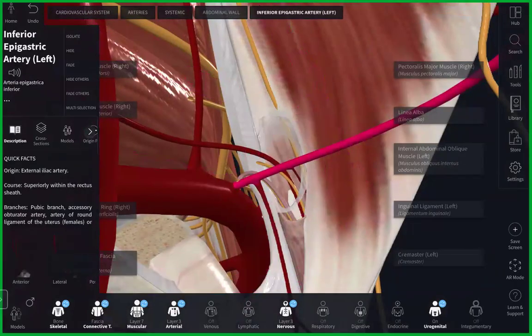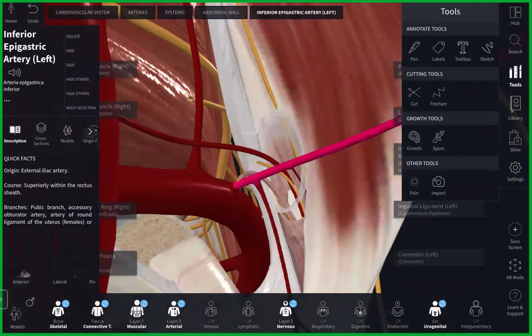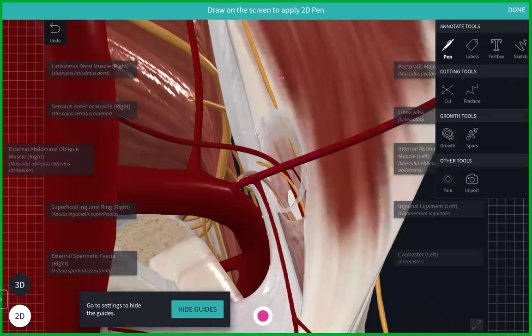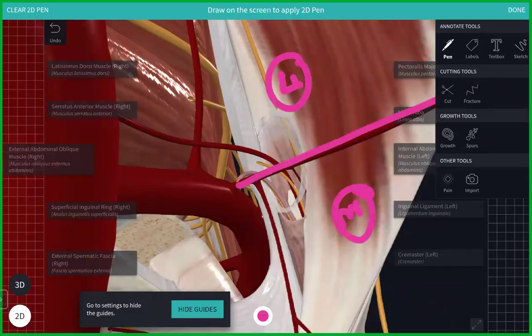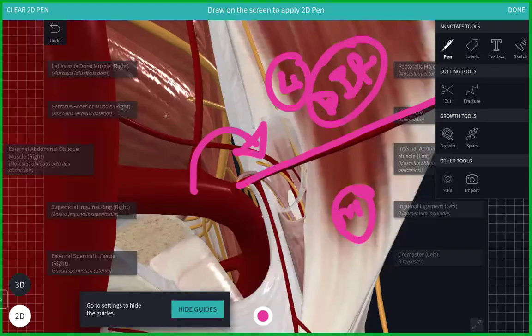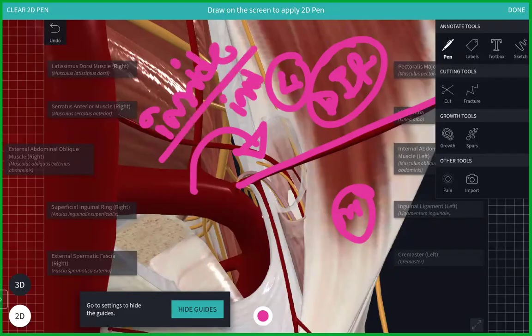You can see this is lateral and this is medial. This is our inferior epigastric artery. So if a hernia goes inside, through the deep inguinal ring, we call it indirect hernia.